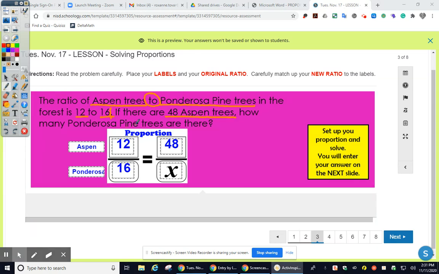Now we're going to figure it out. Remember, we're only going to figure it out where we see 2 numbers. So we ask ourselves, how do we get from 12 to 48? We multiply by 4. Whatever we do to the top, we must also do to the bottom. So 16 times 4 is 64. So the value of x is 64.